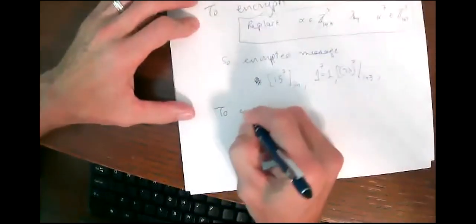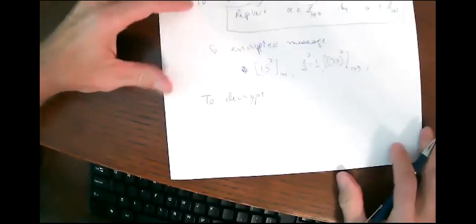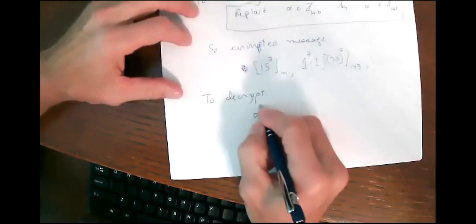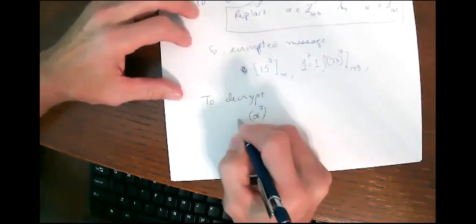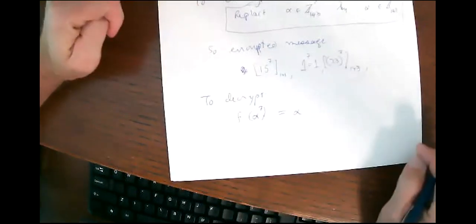So here's the trick. To decrypt, my recipient has to be able to take each one of these numbers alpha, which I have already raised to the 7th power, and somehow have some sort of a function that takes this thing and creates the number alpha back.